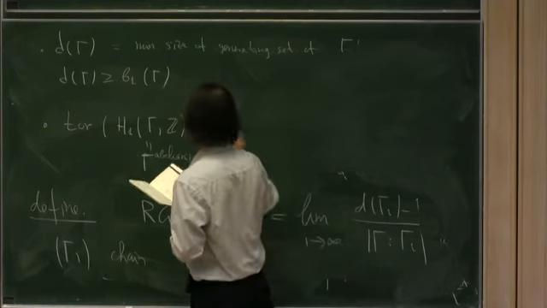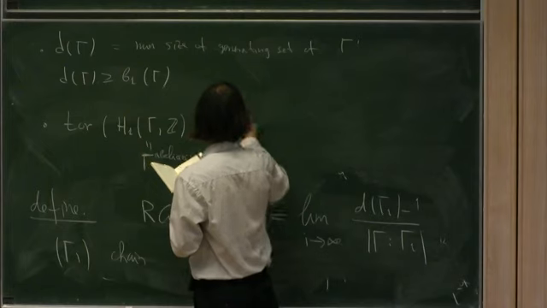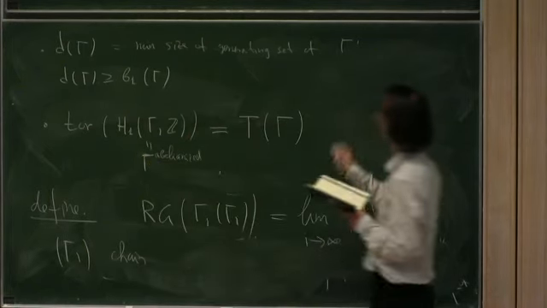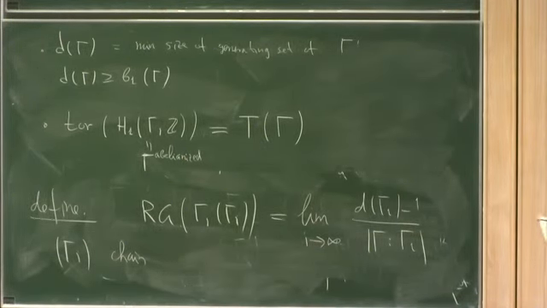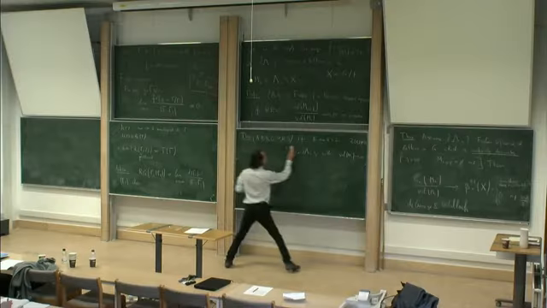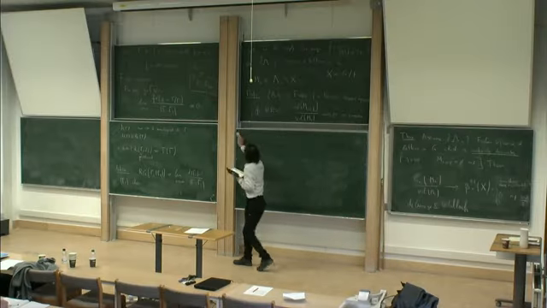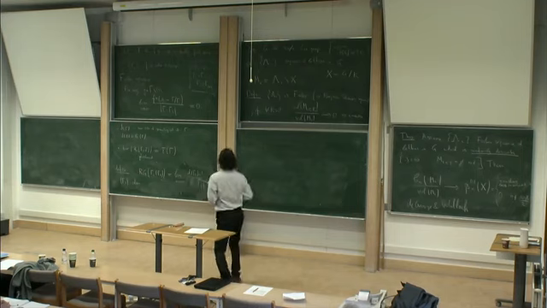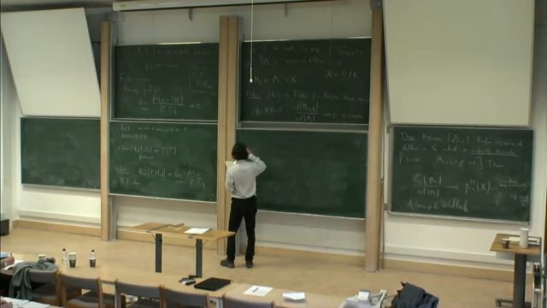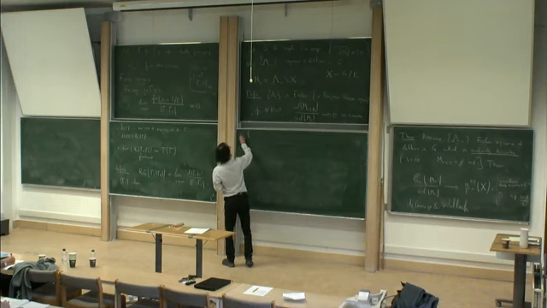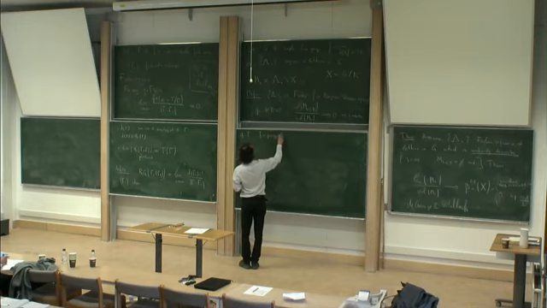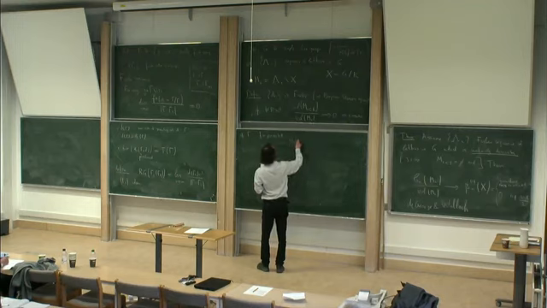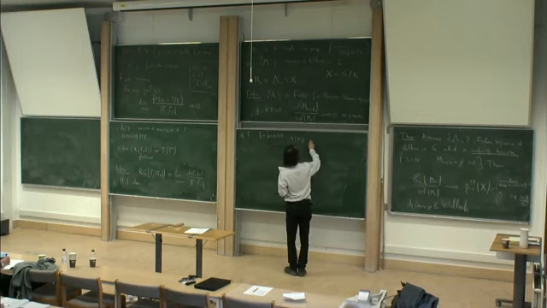Let me give it a name: let's call this T of Gamma, T for torsion in the abelianization. It's easy to see that if Gamma is finitely presented, then T of Gamma_i grows at most exponentially.